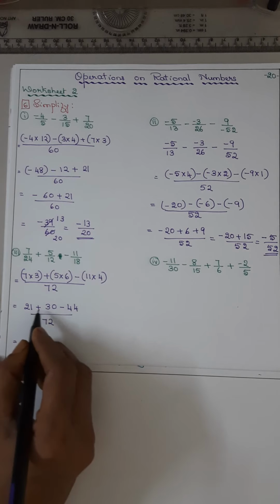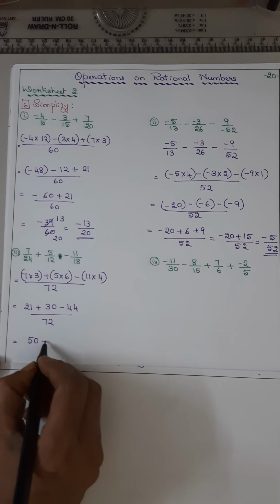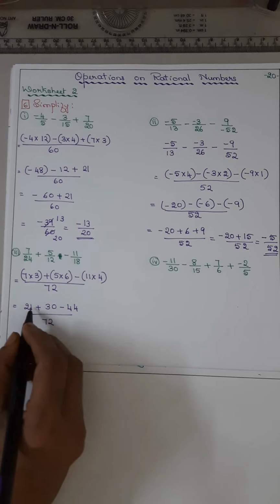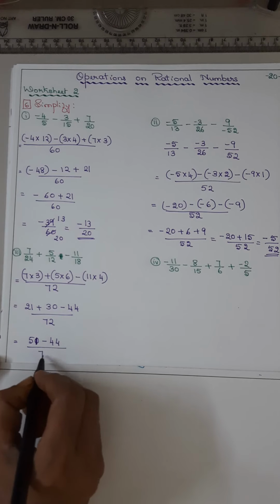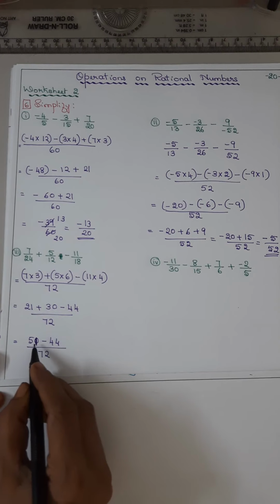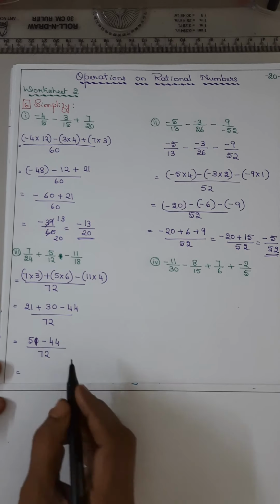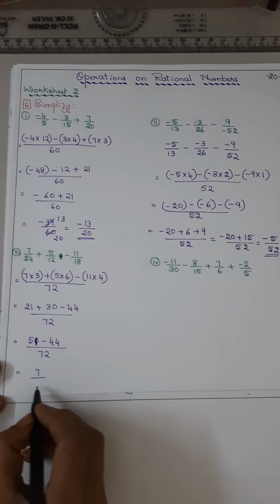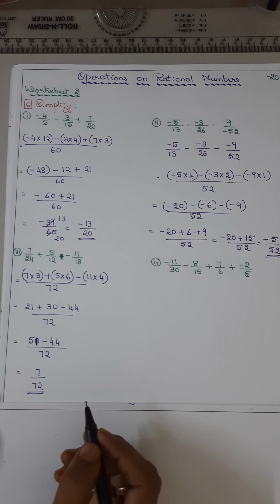Now 21 plus 30 is 51. 51 minus 44, that is 11 minus 4 is 7. 4 minus 4 is 0 upon 72. Answer is 7 by 72.